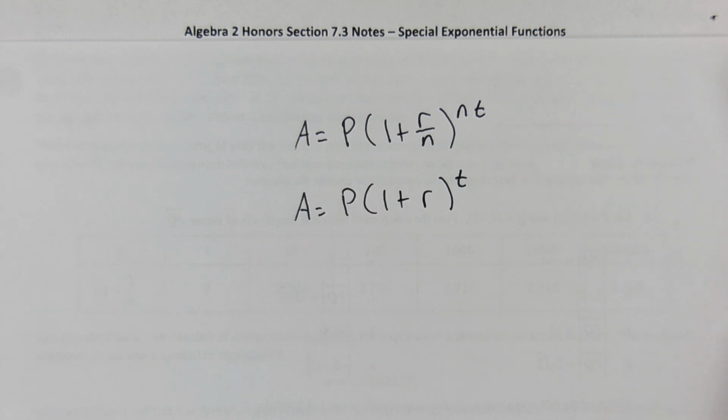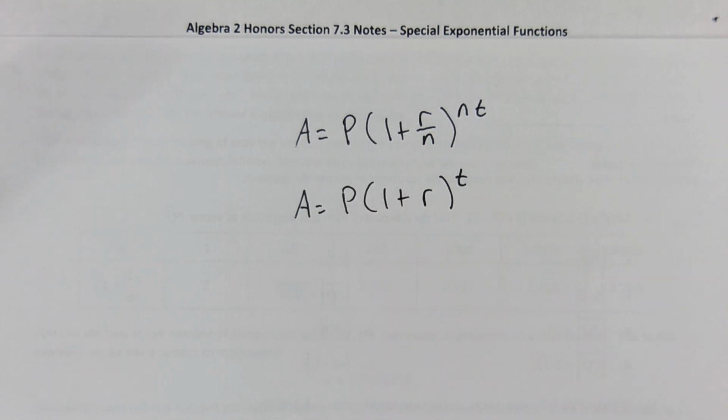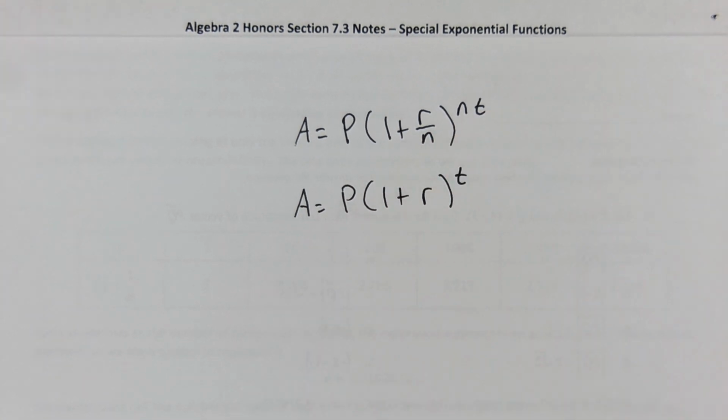So if it was compounding one time per year, your interest that you earn is literally just 1 plus r. But if it compounds, say, 4 times per year, where n is 4, then it's calculated 4 different times. You get 0.25 4 times, because 0.25 times 4 is 1.